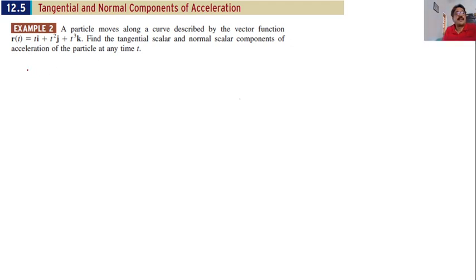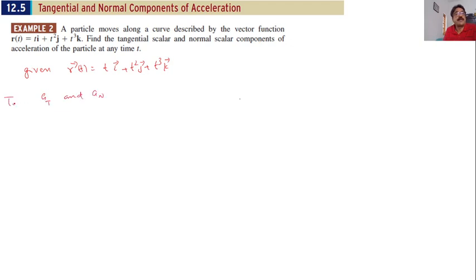So given here r(t) is the position vector at any instant, given by t i + t² j + t³ k. We want to find the tangential scalar and normal scalar components of acceleration. That is, we have to find a_t and a_n.